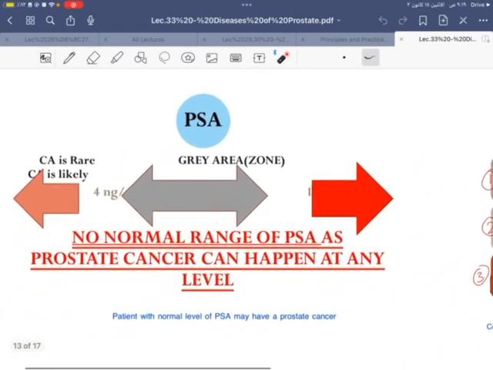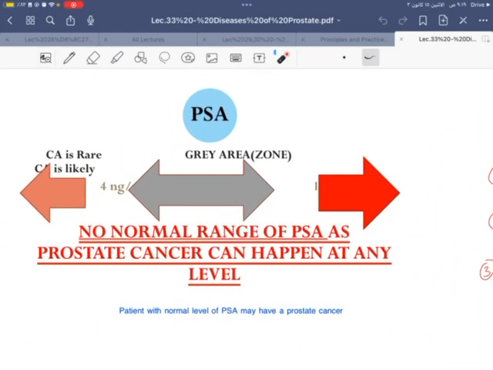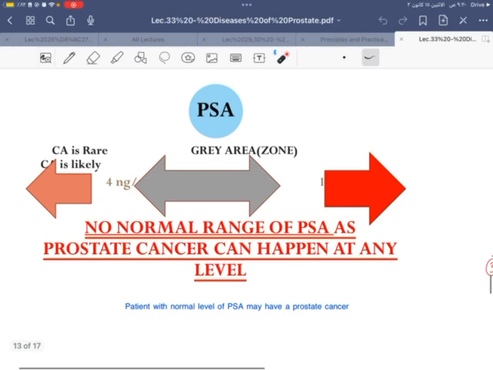So we don't really have a normal range for PSA, because prostate cancer can come with less than 4. But as undergraduate medical students, you can consider the cutoff point is 4. Less than 4 is normal. More than 4, the urology residents handle the details, we don't need to go through them. But more than 4, it's abnormal, and you should rule out prostate cancer. Less than 4, it's normal.